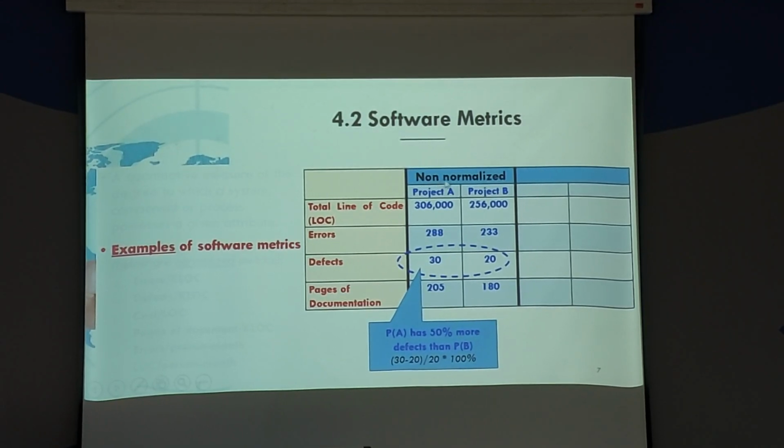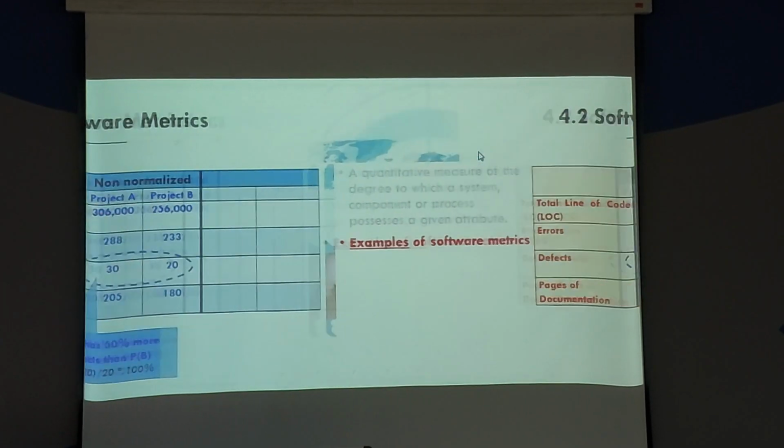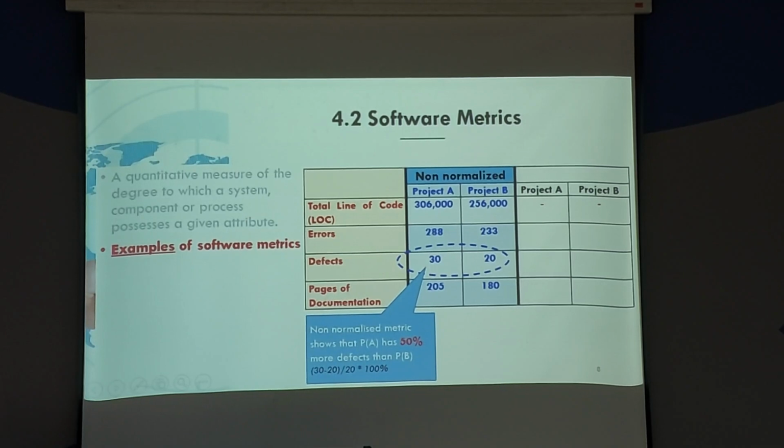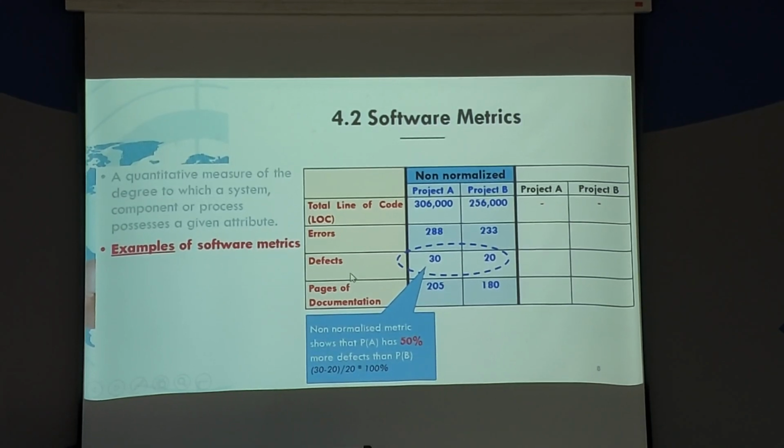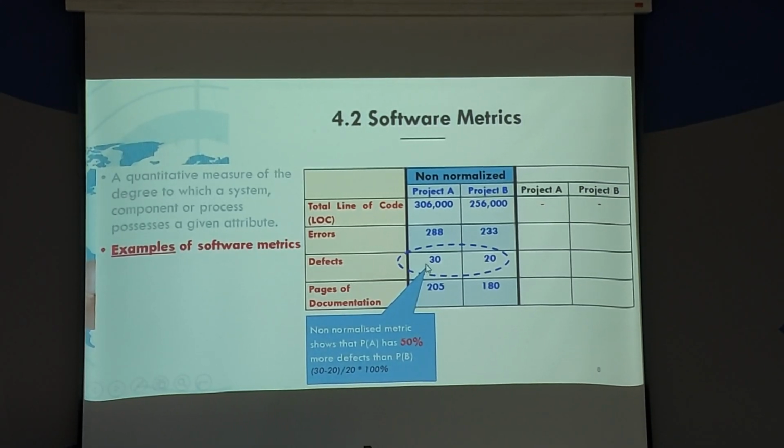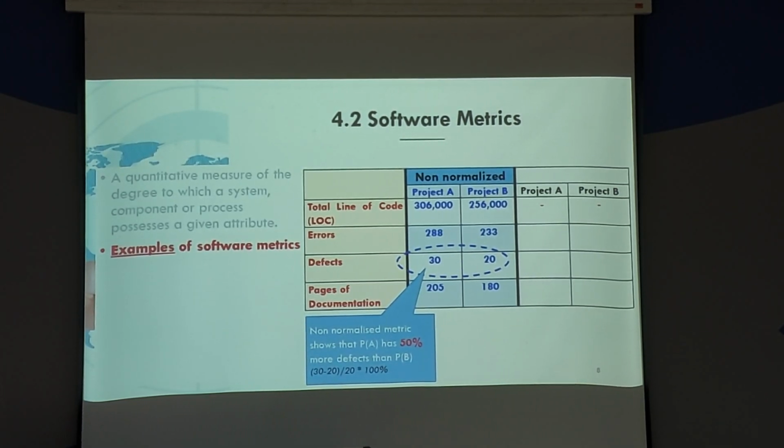These are non-normalized metrics, as you can see from the heading here. The non-normalized metrics, if you just look at the defects, show that project A has 50% more defects than project B.